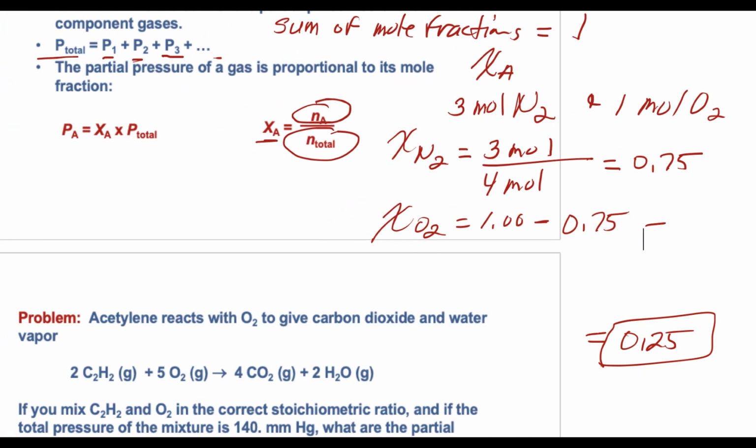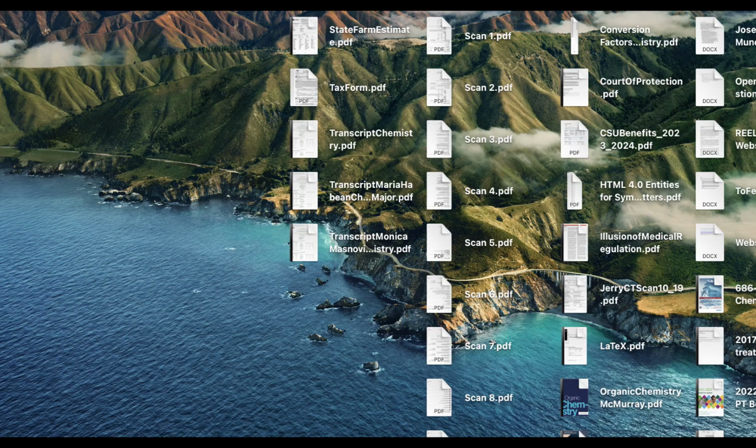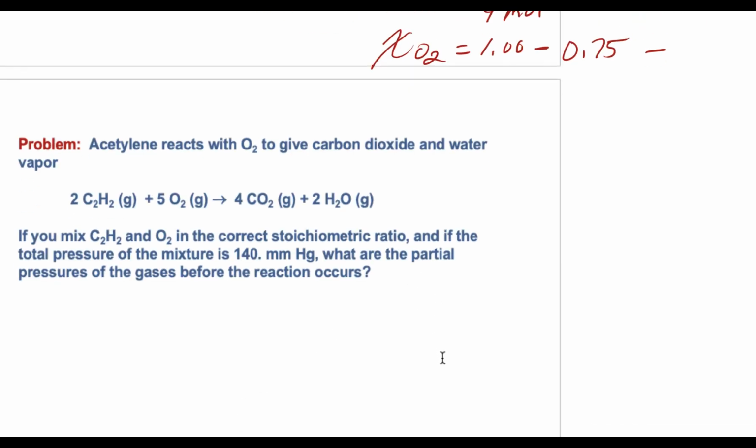Okay, so let's try this problem here. We have acetylene reacts with oxygen to give carbon dioxide and water vapor. So we have this balanced chemical equation here.